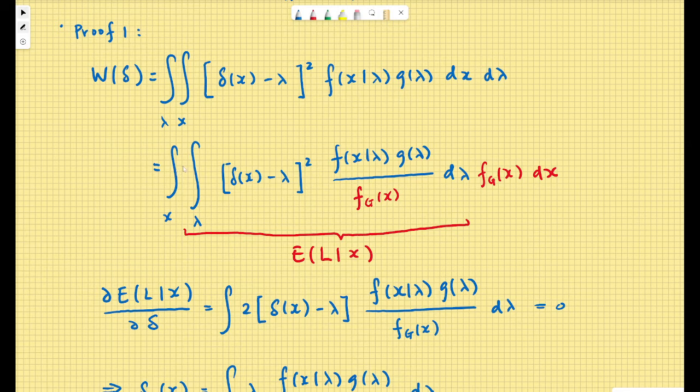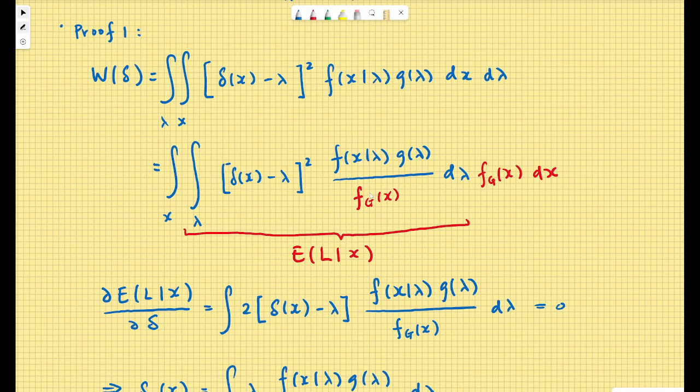Now I change the order of integration, and then now the inner integral is the expected value of the loss function over the lambda. That means it is the conditional expectation given x. And I highlight my algebraic manipulation in red color.